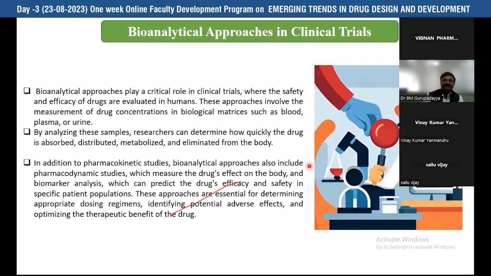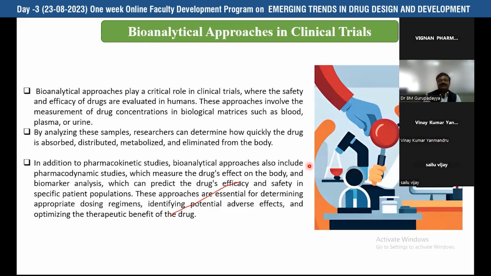Then coming to the bioanalytical approaches in the clinical trials. Bioanalytical methodologies are also involved in clinical trials and play a critical role there, where the safety and efficacy of the drugs are evaluated in human beings.